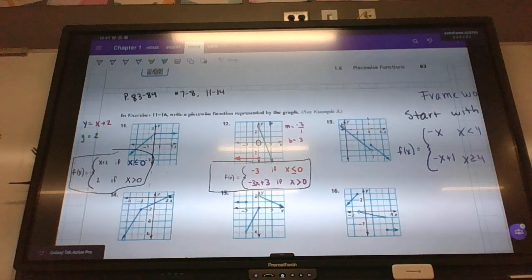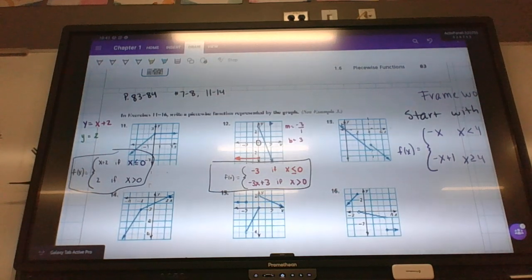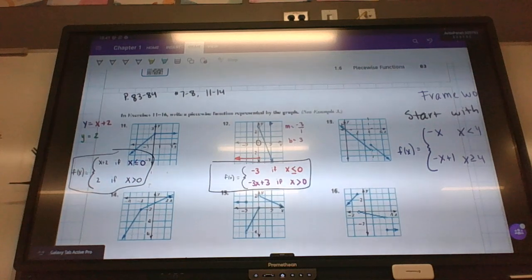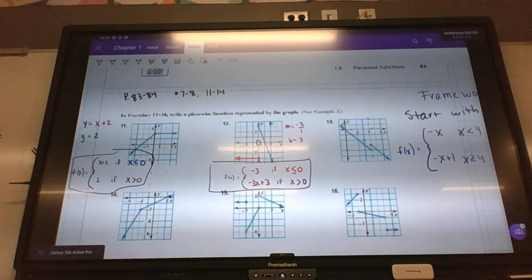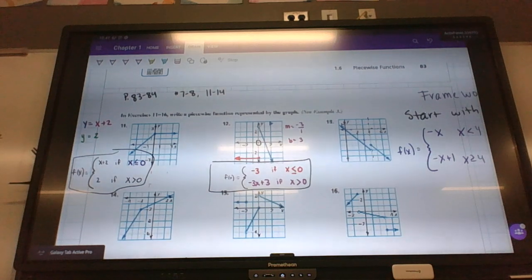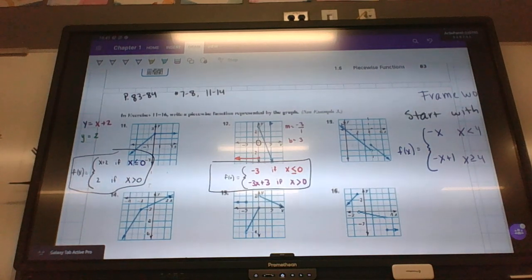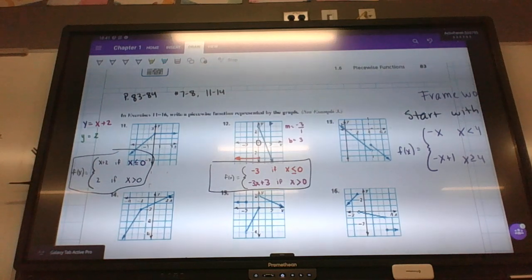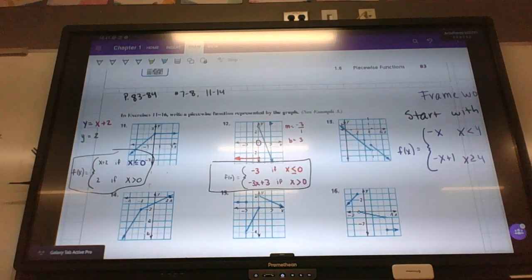In focus, if your quiz is corrected, the score will be -1 for each wrong answer. Okay? So it's worth 36 points. Right now, when you look at your score, each wrong answer is -3.